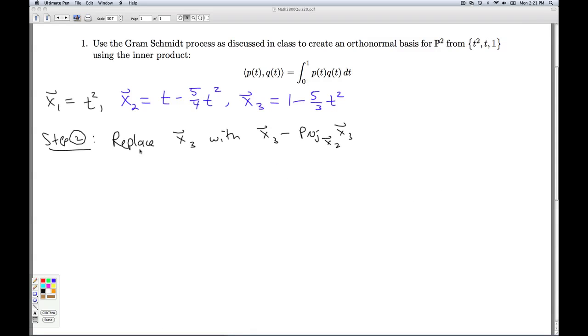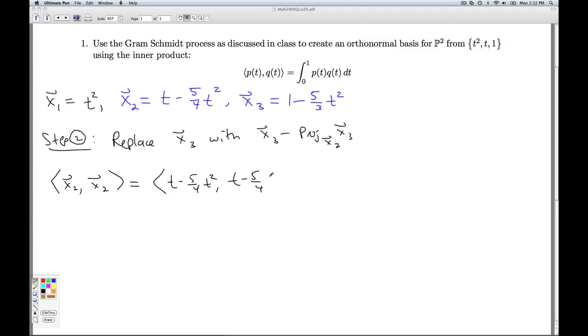The last thing I need to find the projection of x3 onto x2 is the inner product of x2 with itself, so the length of this new x2, which is t minus 5/4 t squared.